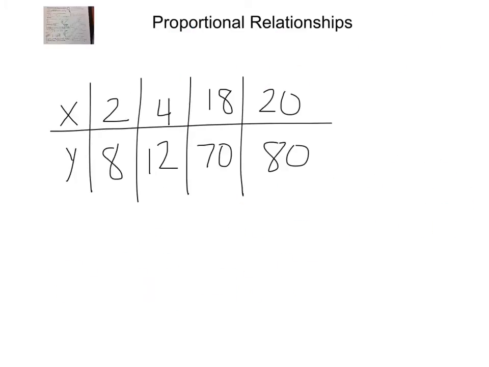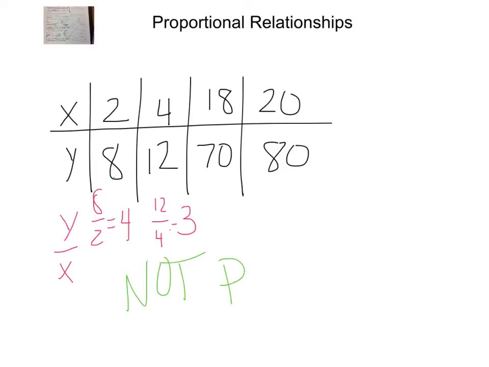Let's look at this one and see why this is not a proportional relationship. I'm going to do the test with y divided by x. For this one, I have 8 divided by 2, and I get 4. 12 divided by 4, and I get 3, and right there I already know this is not a proportional relationship.